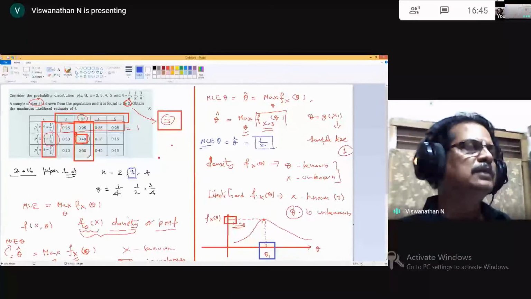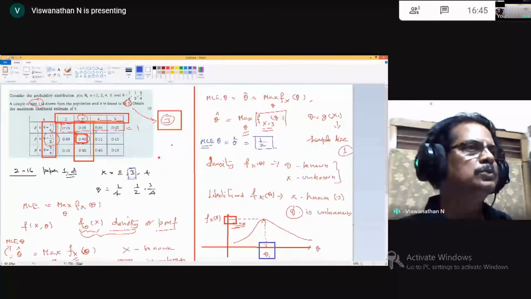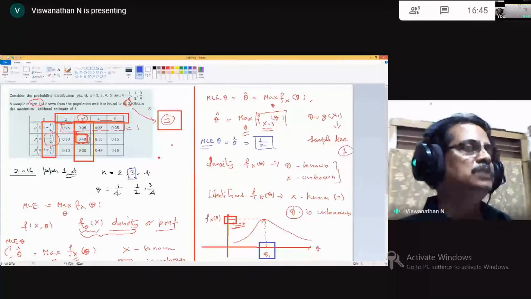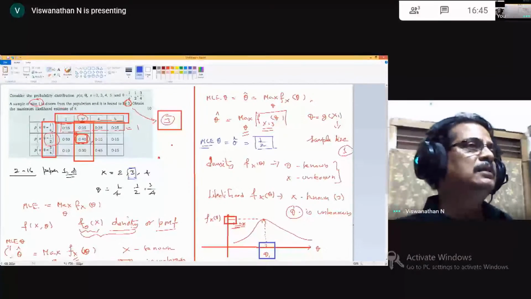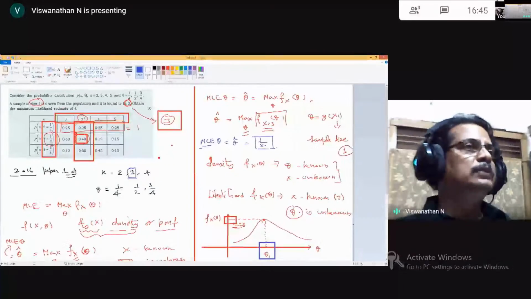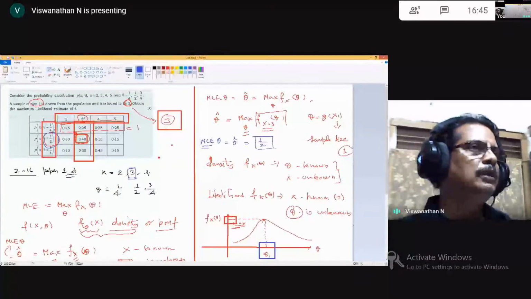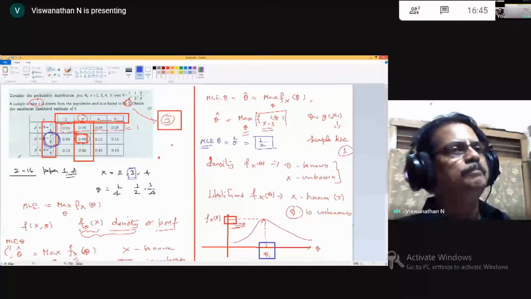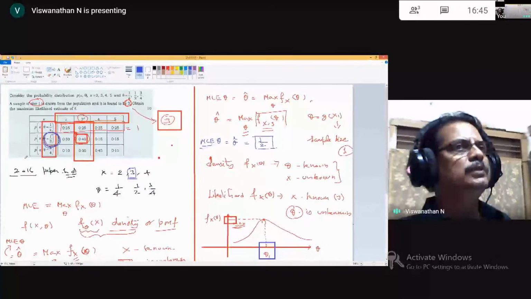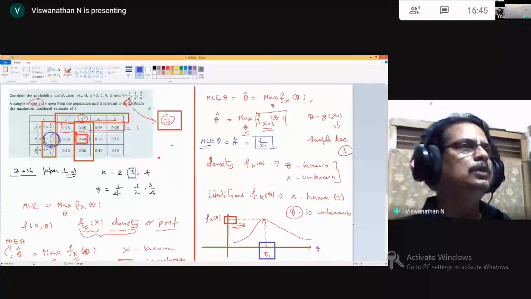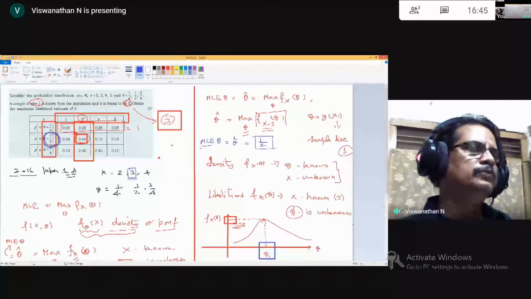So there is every chance that we will jump to the conclusion that it is 0.4, which is well within the 0 to 1 limit, but that is not the case. You catch hold of the maximum in the column and take the value of theta which leads to this maximum. You should not get stuck with the value 0.4.